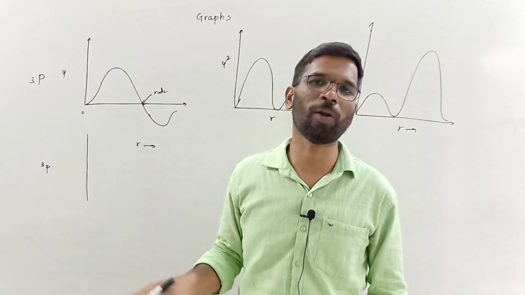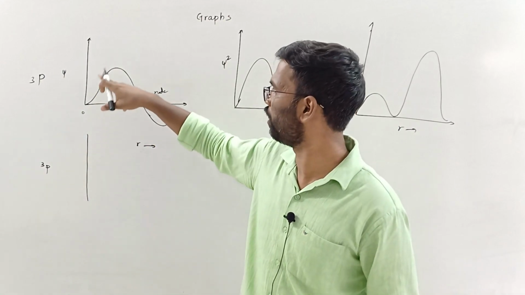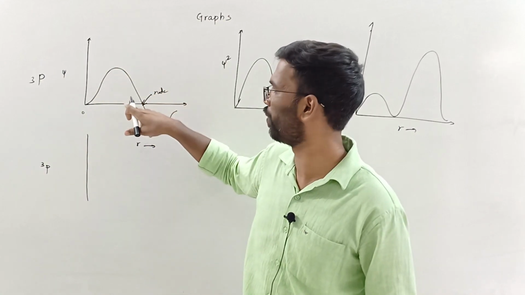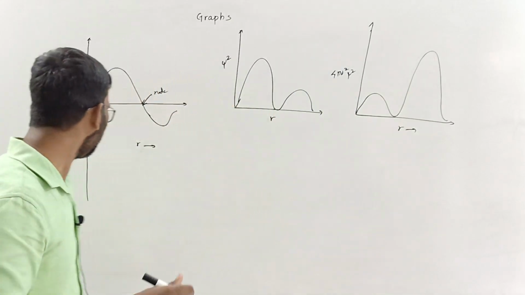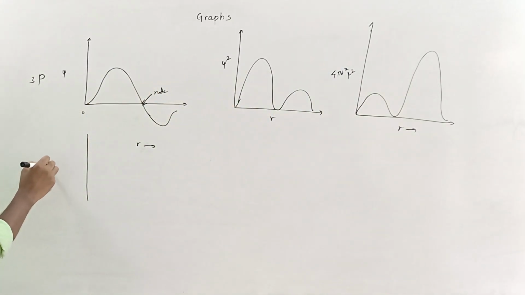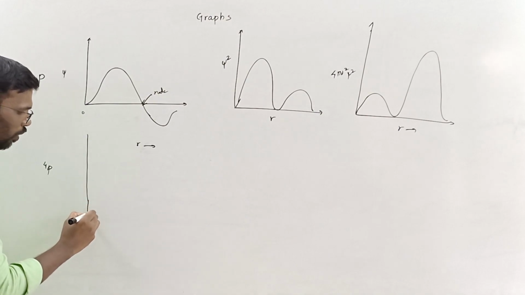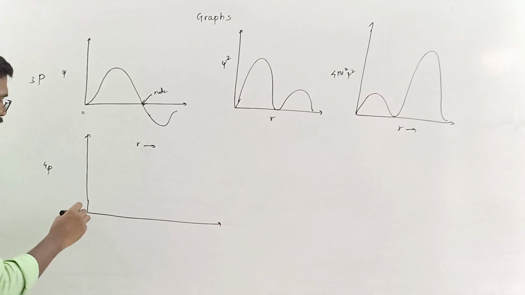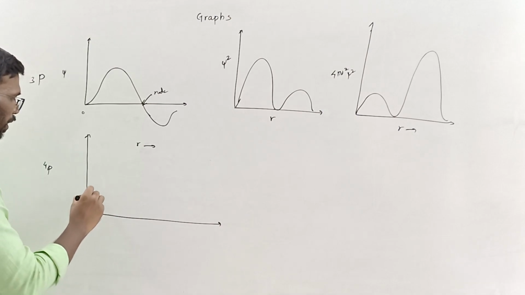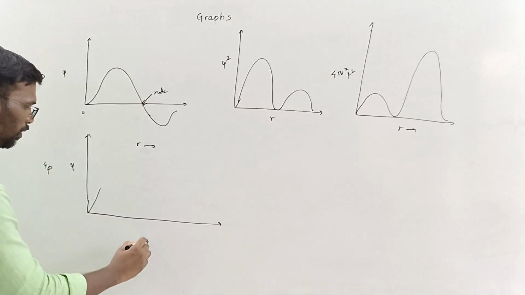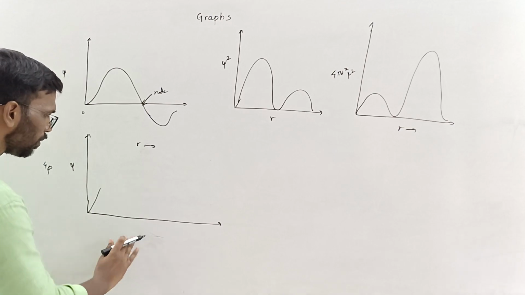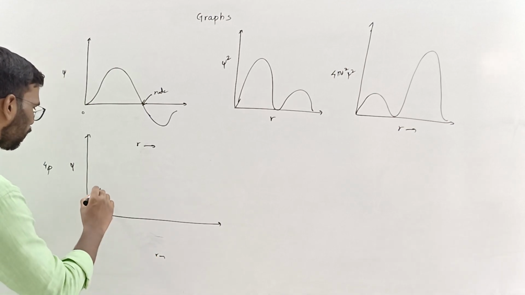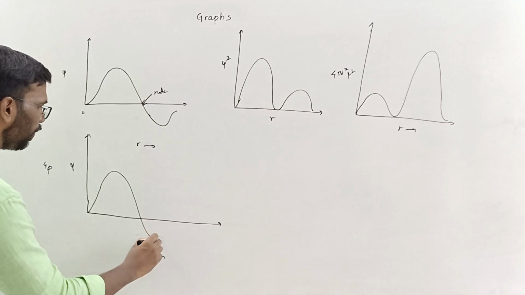For the 2p orbital, there won't be any radial node. It will be just one hump this way. Okay, so this is 3p. So let's do it for the 4p orbital. For the 4p orbital, there will be two radial nodes. So the graph I can expect for psi versus r is this way, with two radial nodes. And for psi square versus r, it is this way.